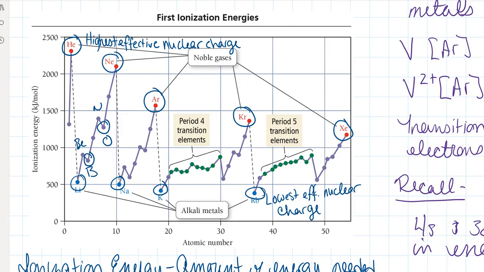Nitrogen has the configuration of 2p3, whereas oxygen has a configuration of 2p4. This is where we start to see that paired electron come into play. And so in this case, with that paired electron, that means that there's a little bit of electron-electron repulsion again. And so because of these little dips here, we start to see that electron-electron repulsion come into play.